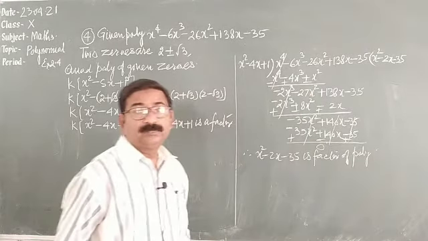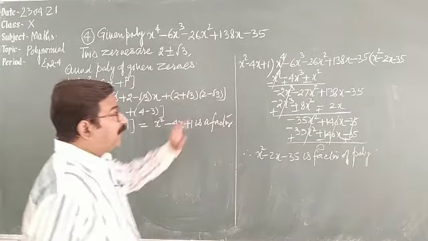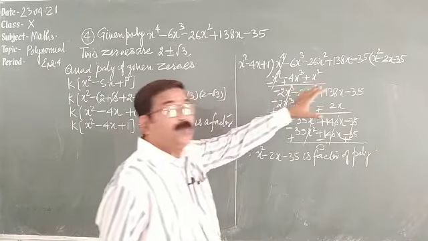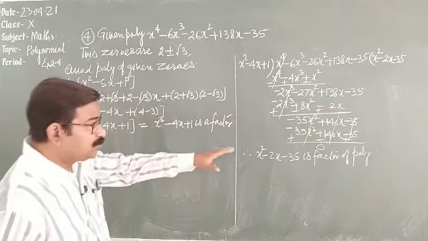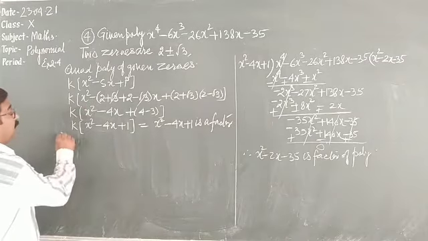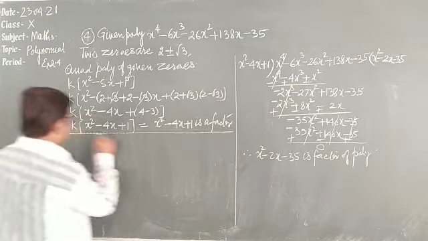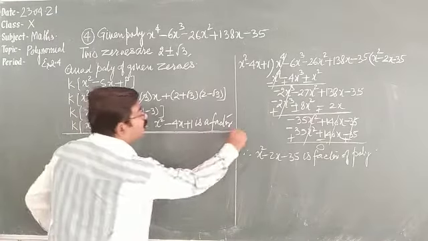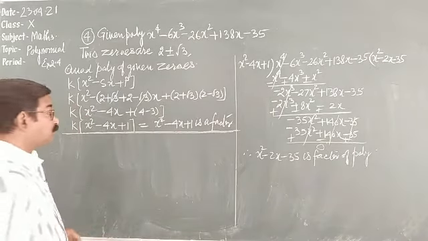Now what to do? We have to factorize this polynomial. Since we have no space on that side, I am factorizing here.